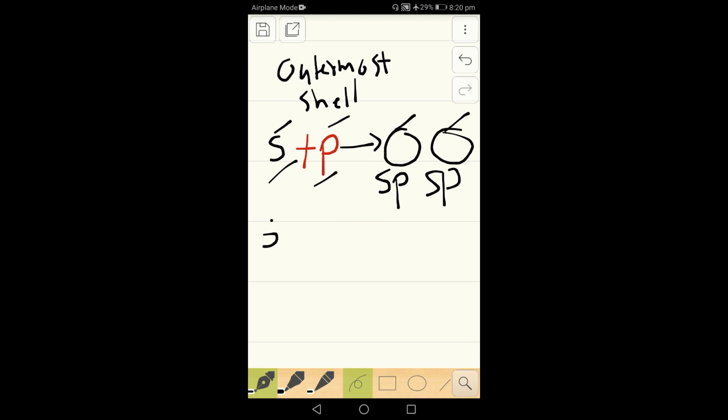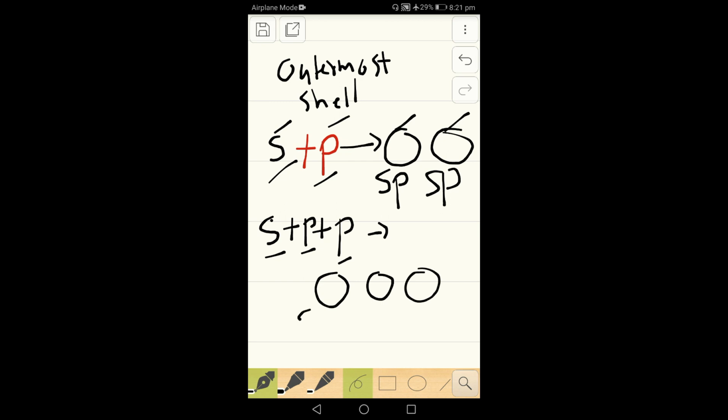Now if 1 s and 2 p orbitals mix, then here 3 orbitals are mixing, so we will get a set of 3 new orbitals, and each of them will be named sp2. That is the case.